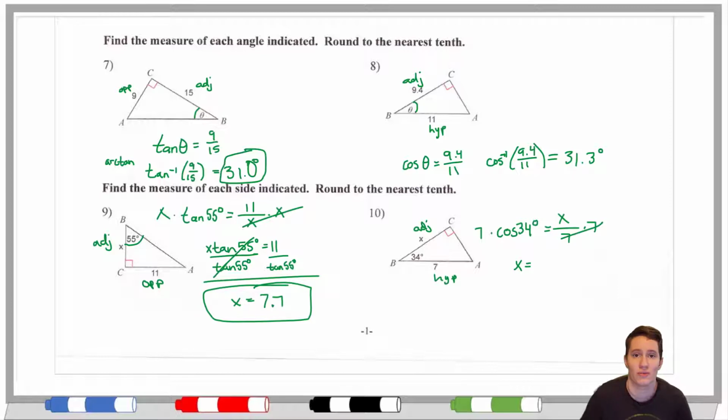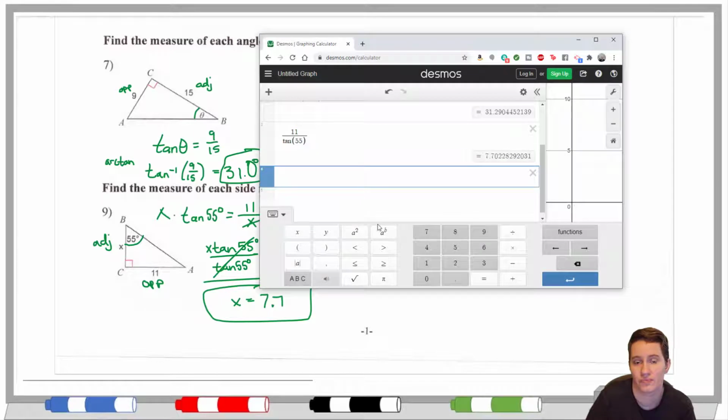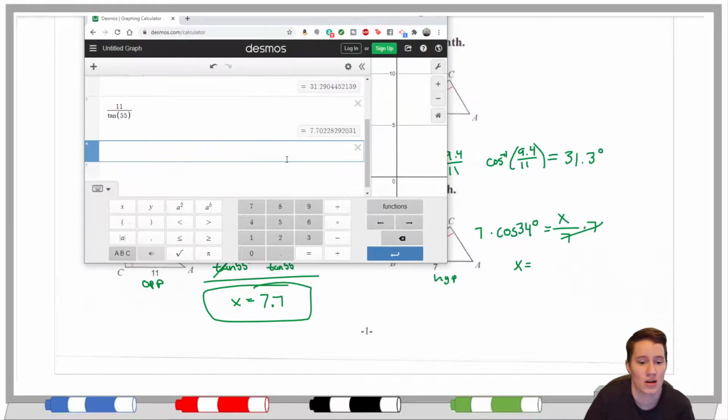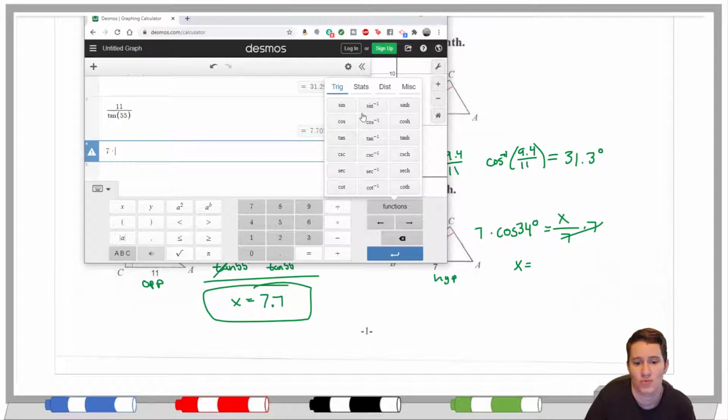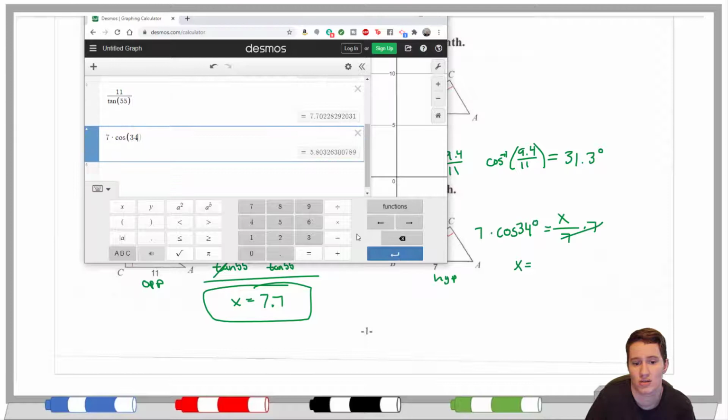And our answer is whatever 7 times cosine 34 is. We don't have to do the extra step that we had on the other one. I definitely like it better whenever x is on top. So this is 5.8.